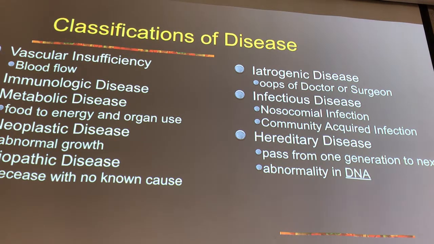Iatrogenic disease is caused by the doctor. We talked about that, right? Infectious disease, so nosocomial infections, community-acquired infections, right? Then there's hereditary disease, passed from one generation to the next in DNA, right?